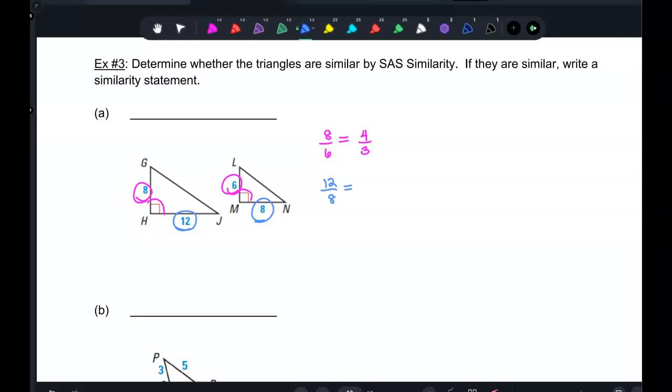We can divide the top and the bottom by 4, which gives 3 over 2. Uh-oh. Are they similar? No. So, just right now, you don't have to go any further. We had a congruent angle, but the pairs of sides did not match up, right? They didn't come out to be the same ratio.